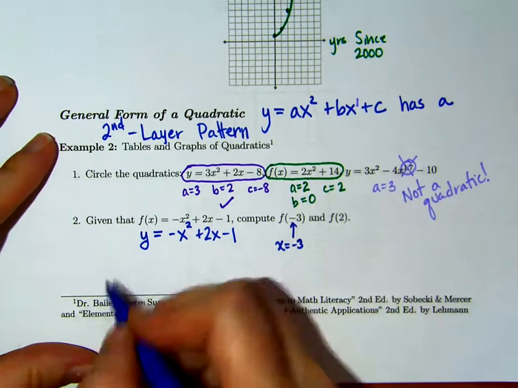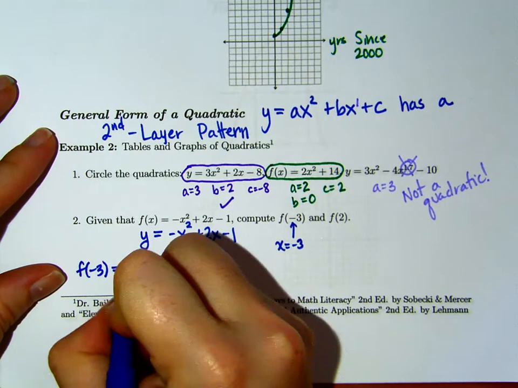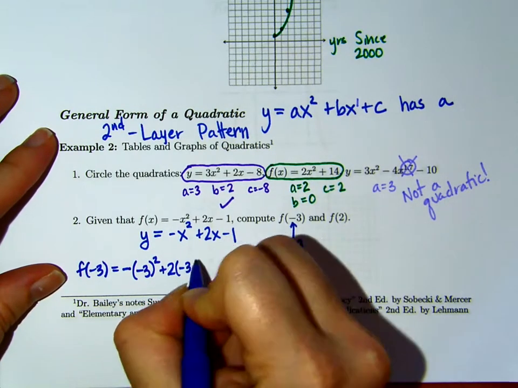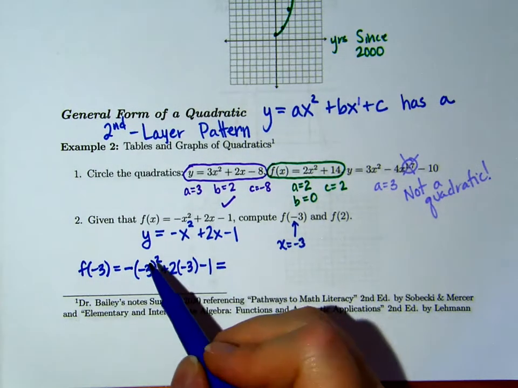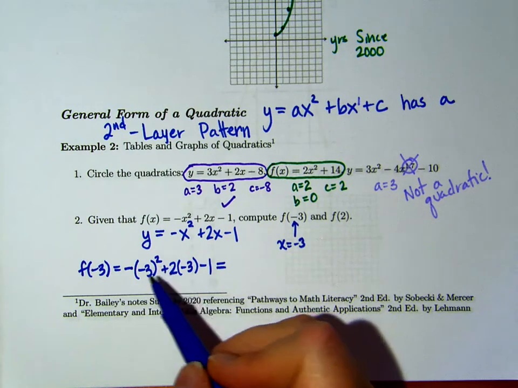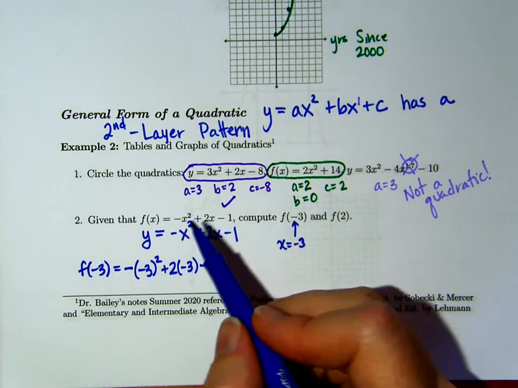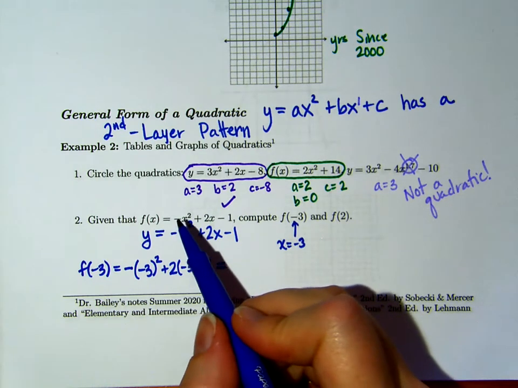Let's compute. So f of negative 3 is the opposite of negative 3 squared plus 2 sets of negative 3, and then minus 1. All right, now I need us to be very, very careful. Notice I put in parentheses because this says exponent, then multiply by negative 1.